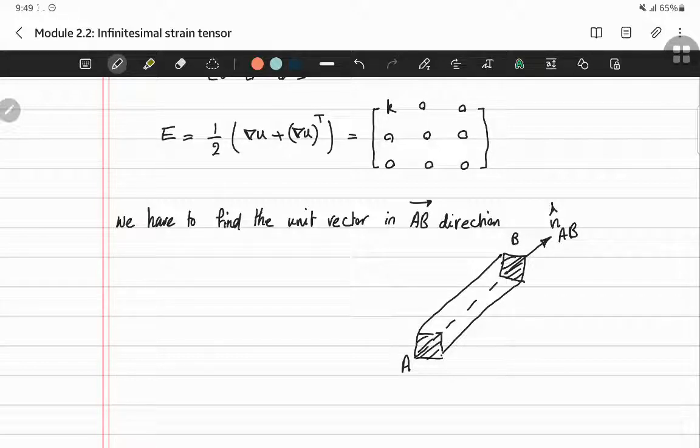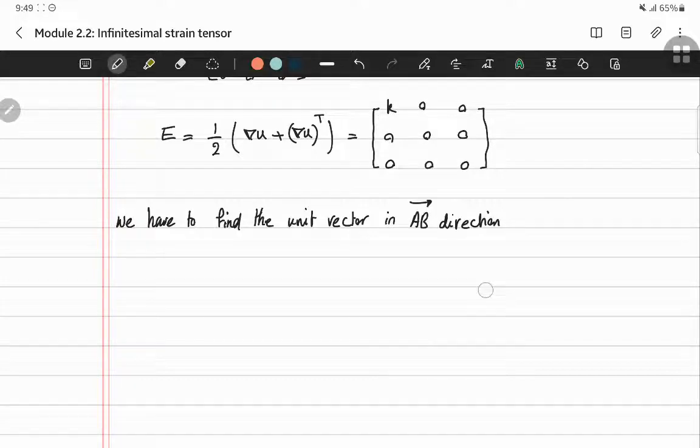So that's why we are curious to find this N in AB. And why? Because we need to know N dot EN, right?